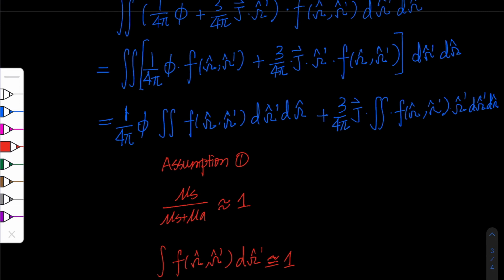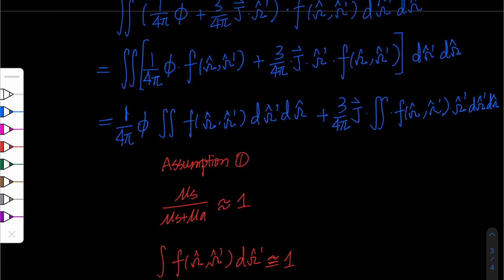That is indicated by the fact that the photons coming from all the directions other than omega hat are mostly scattered, not absorbed. The f function is the probability that a photon coming into the tissue in the direction of omega hat prime is scattered into the direction of omega hat.